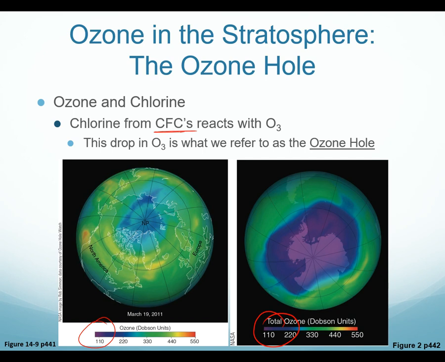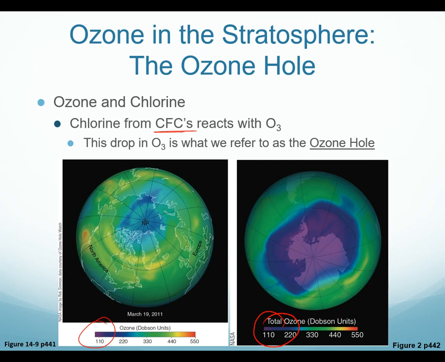It isn't really like a hole in the atmosphere where there's absolutely no ozone at all. It's just a depleted concentration of ozone, which of course worries us because if there's less ozone, then fewer UV rays can actually be captured in the stratosphere. So this was starting to become quite a problem in the 70s and especially in the 1980s.